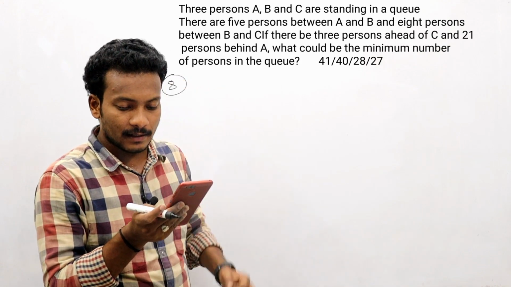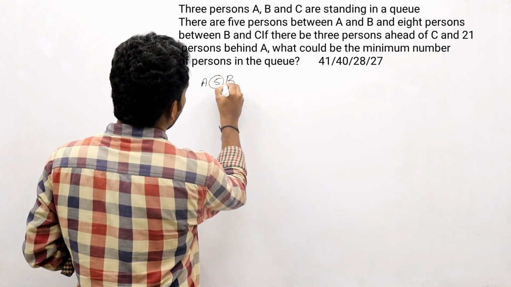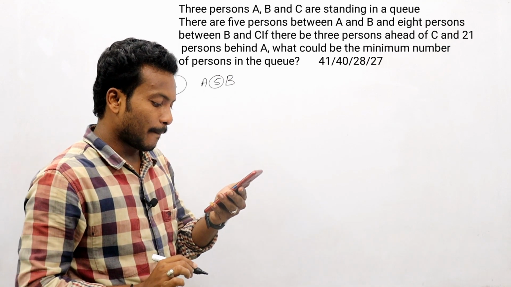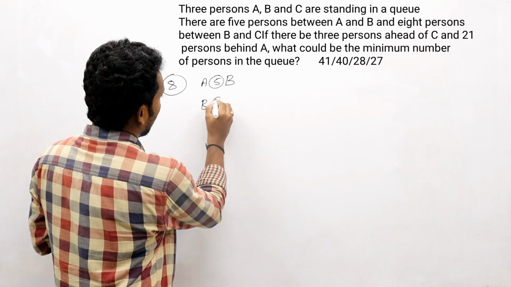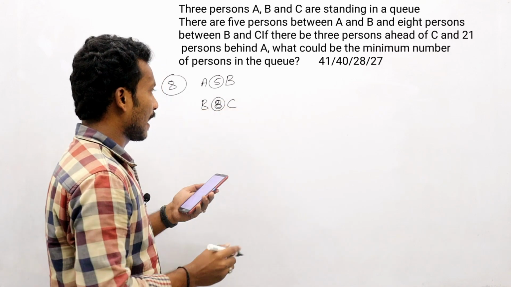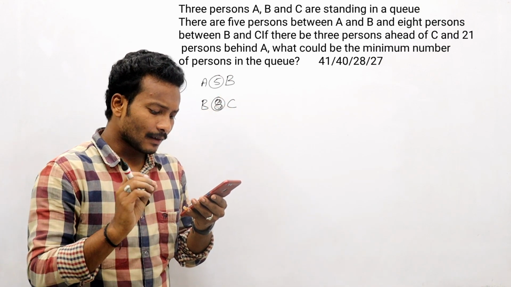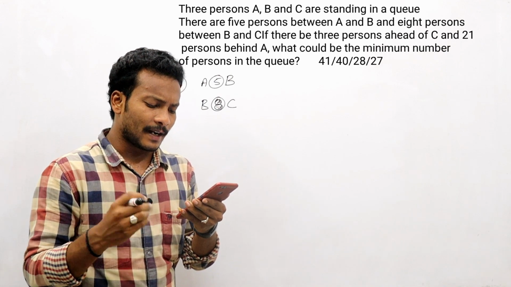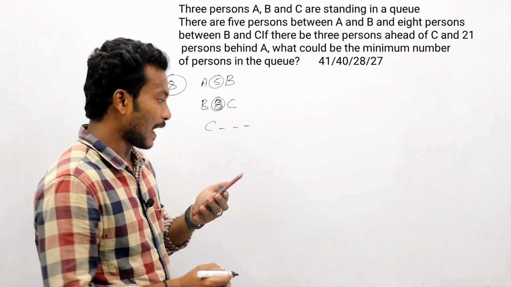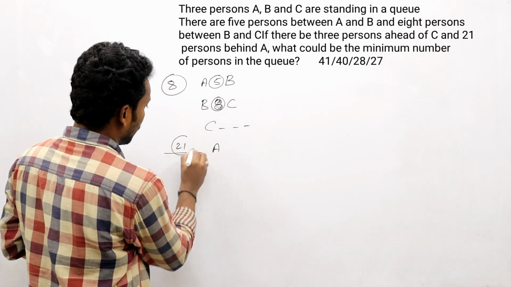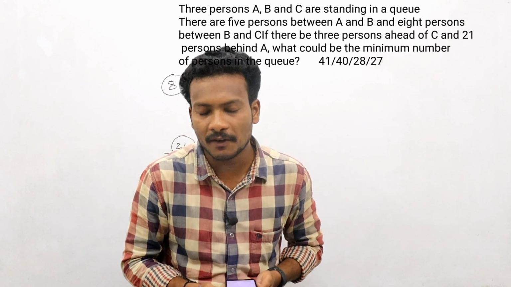There are 5 persons between A and B, and 8 persons between B and C. If there are 3 persons ahead of C and 21 persons behind A, what could be the minimum number of persons in the queue? He is asking for the minimum number.